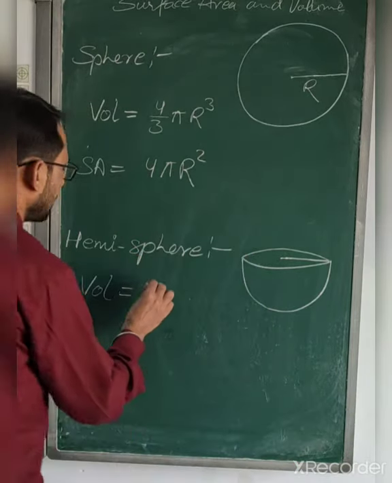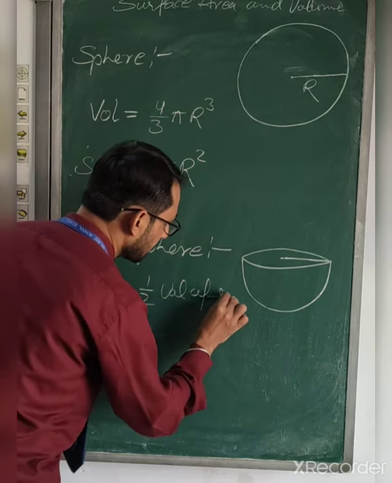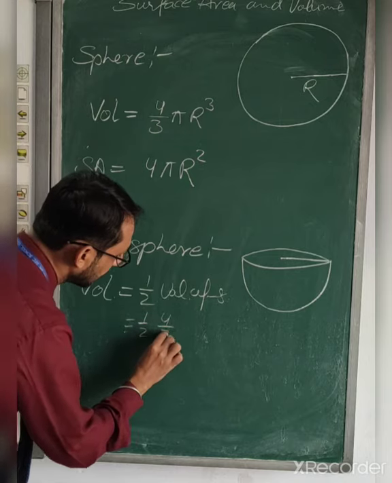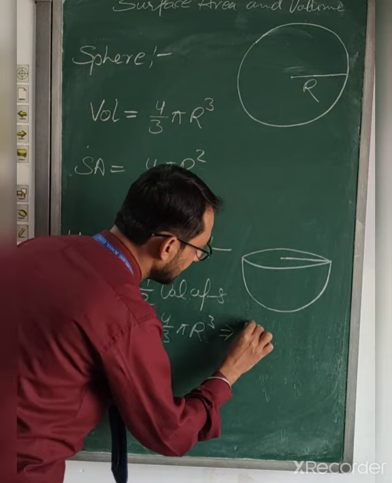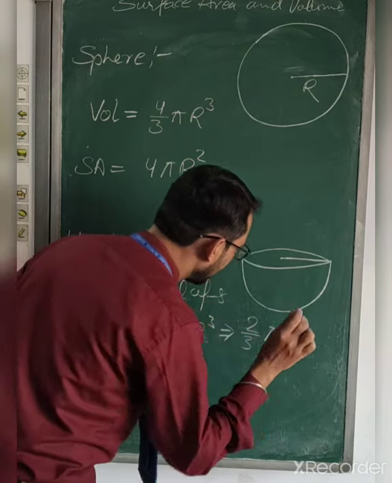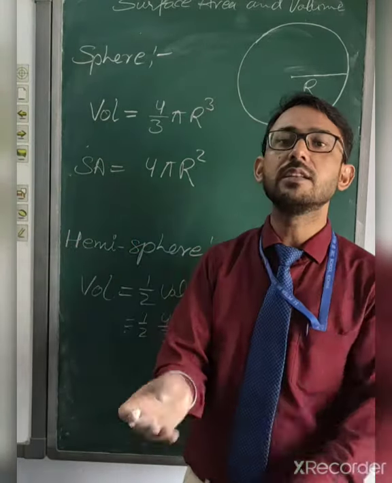So half means 1 by 2 times the volume of the sphere, that is half of 4 by 3 pi R cube, which can be said as 2 by 3 pi R cube is the volume of the hemisphere.